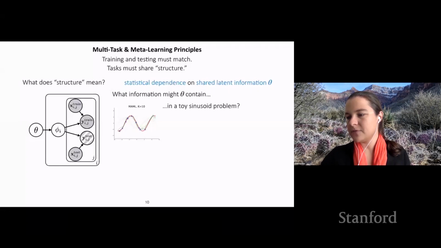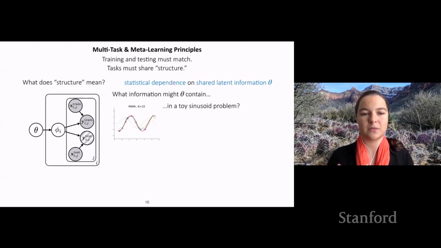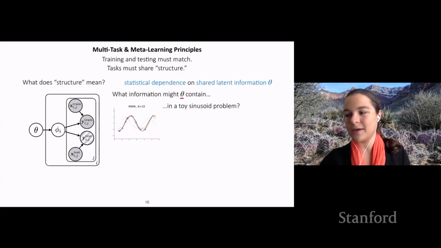Say, for example, our task distribution is a family of sinusoid functions that vary in terms of the amplitude and the phase. Any thoughts on what information would be contained within theta for that family of tasks?